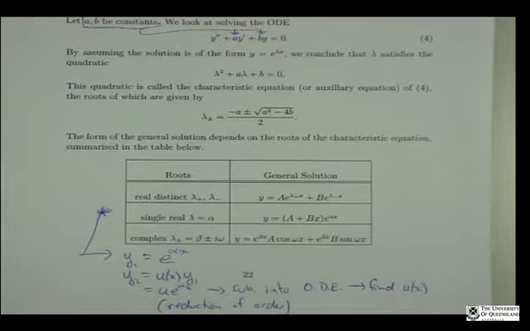In question 3, it's a non-homogeneous linear second order equation. It's non-homogeneous, so the right-hand side is non-zero. And what I've given you is just one solution of the corresponding homogeneous equation.